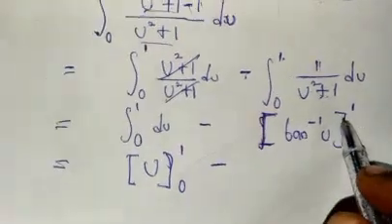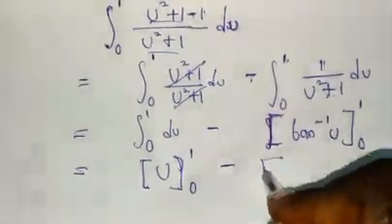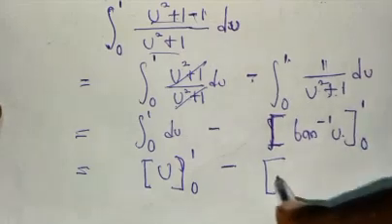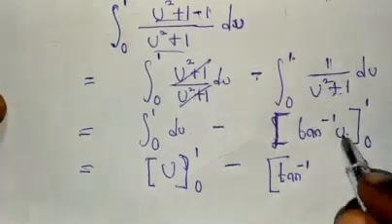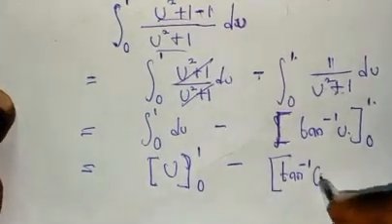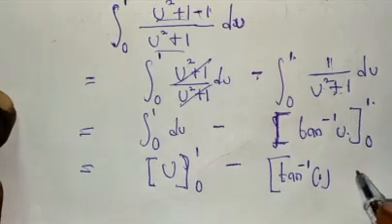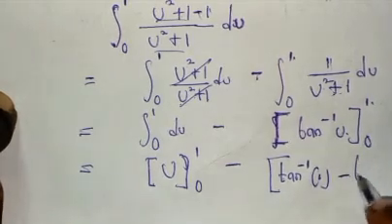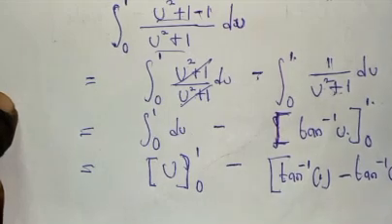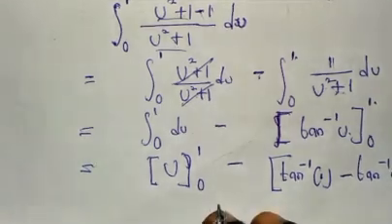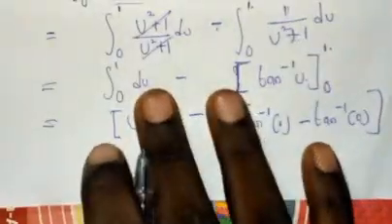So now let's make the substitution. Here now, if you make the substitution, we have the tan inverse of 1, the first number here, minus tan inverse also of 0. Sorry guys.